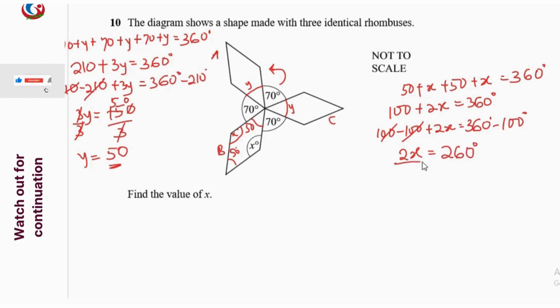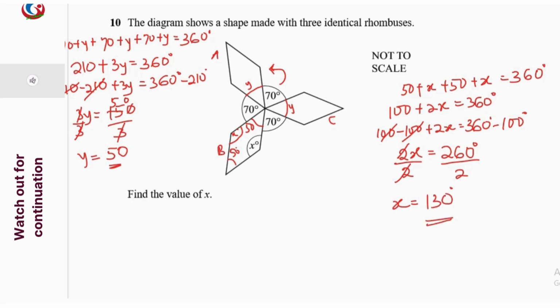So we now divide all through by 2. This we cancel, then 260 divided by 2 will give us 130 degrees. So our x here is 130 degrees.